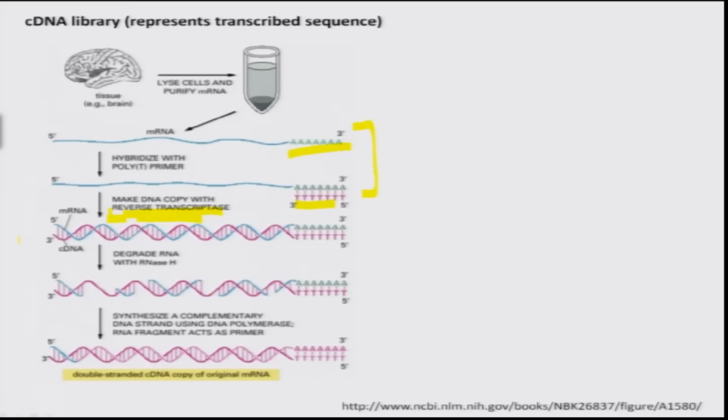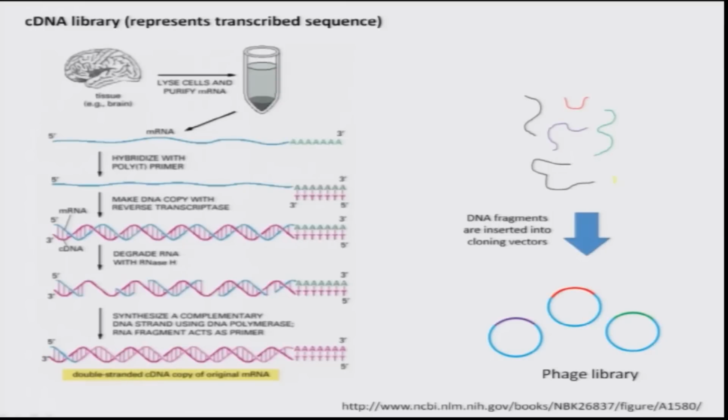This single stranded DNA can be converted into double stranded DNA by a process which we need not get into, but basically we can use reverse transcriptase to make the complementary DNA, which is cDNA, and then make it into double stranded DNA, right. This double stranded DNA can now be cloned into vectors and made again into a library.